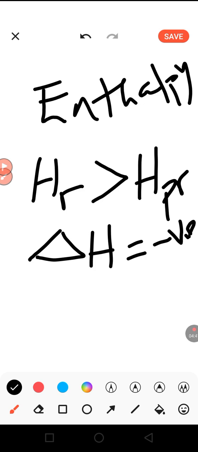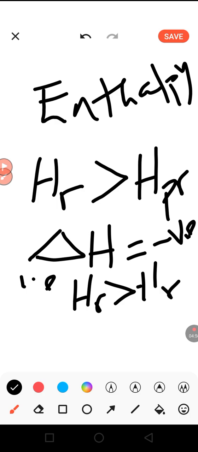Delta H is negative. That simply means that for delta H to be negative, HR must be greater than HPR. That is the condition under which delta H can be negative.